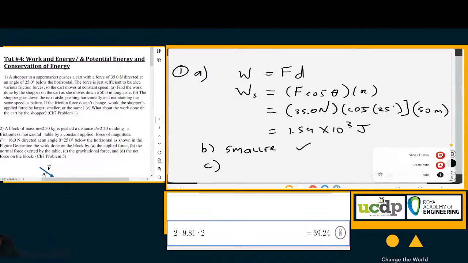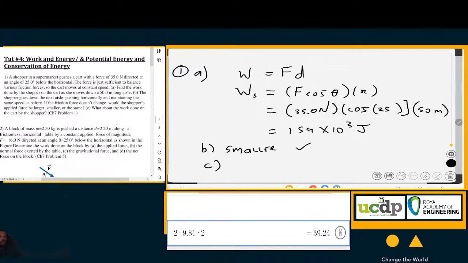C, excuse me. Since the horizontal component of the force is less in part B, the work, what's the question? What about the work done on the cart by the shopper? The applied force is now less.